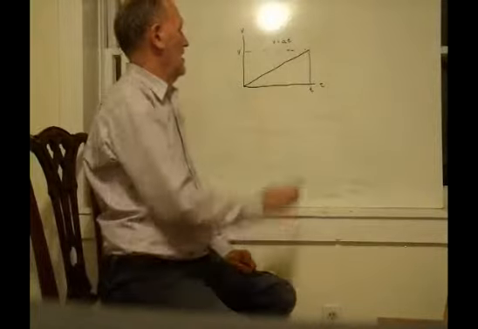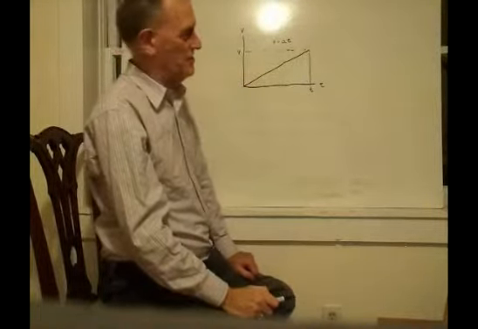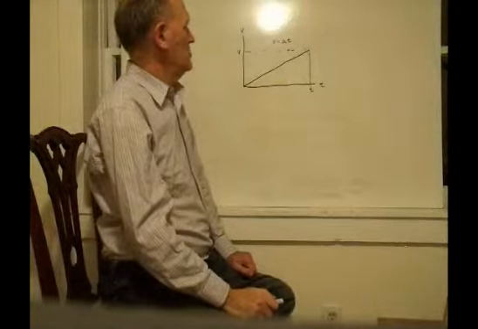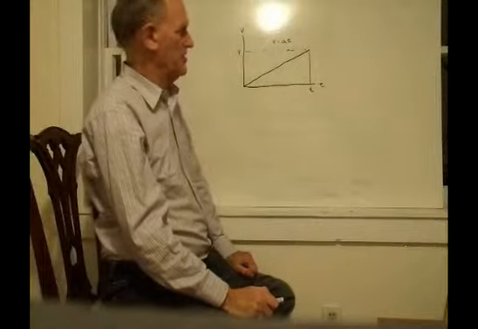So a is basically the slope of this line, and we call it the acceleration. It's also referred to as the rate of change of the velocity.